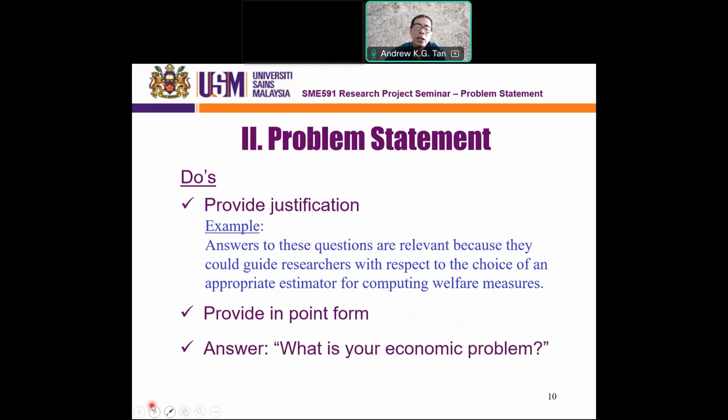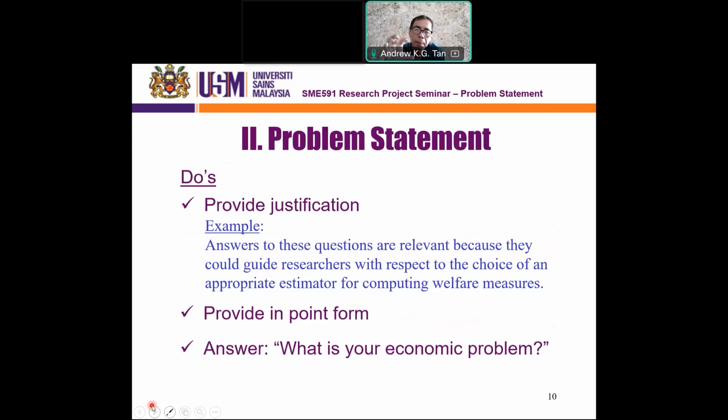Most importantly, do answer the question, what is your economic problem in the problem statement? Remember, you have a problem statement, right? In your thesis, you must be able to answer this question: what is your economic problem? What is the problem that you want to solve?